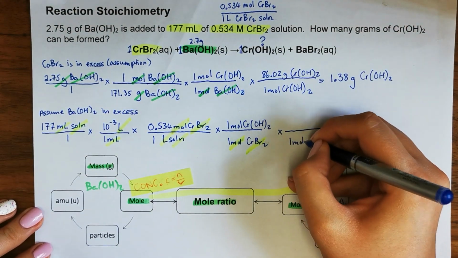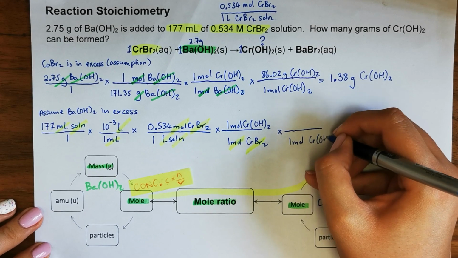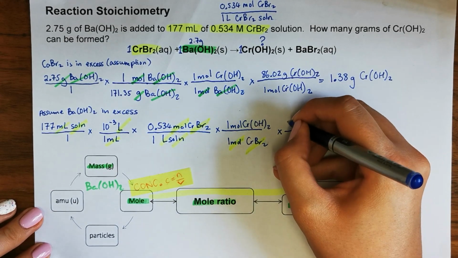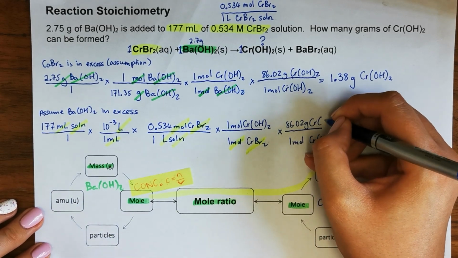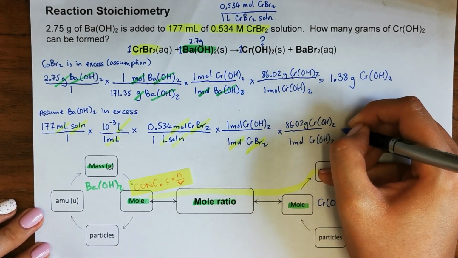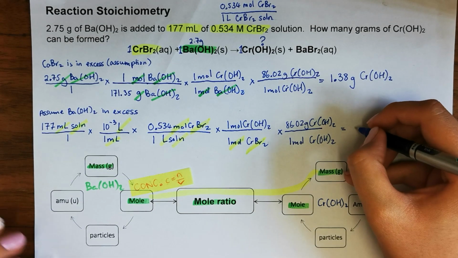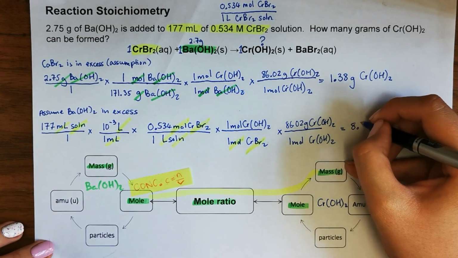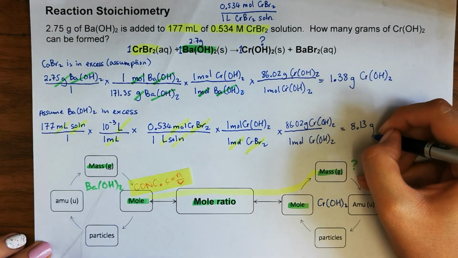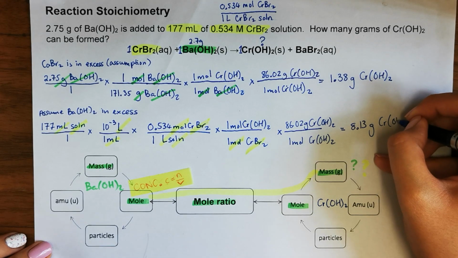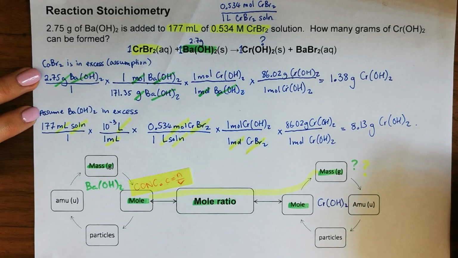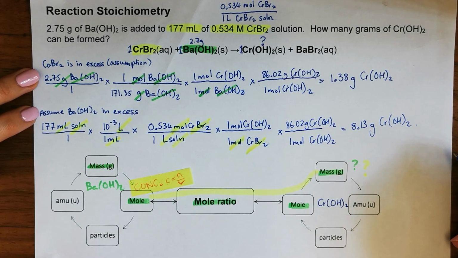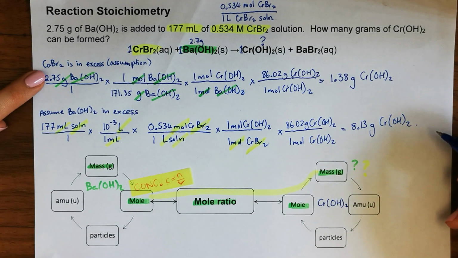Very good. Final step is the same as the step before. 1 mole of chromium hydroxide would weigh 86.02 grams. Finally, the answer we get is 8.13 grams of chromium hydroxide. So which of our assumptions were true? Our first assumption was true.